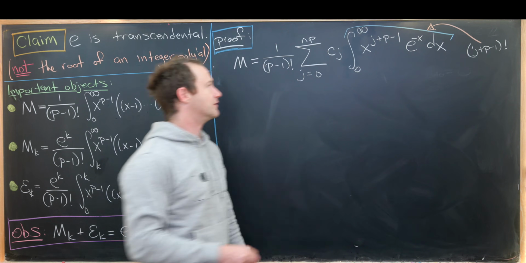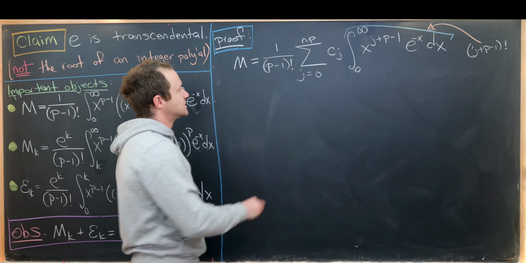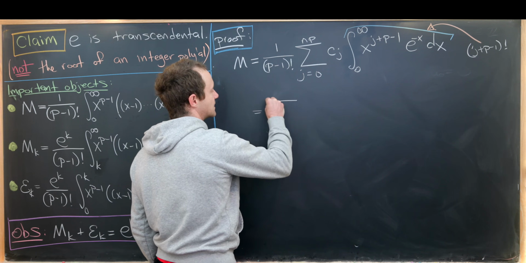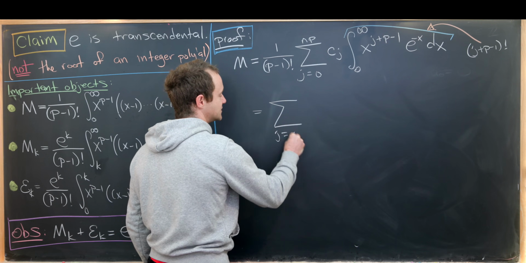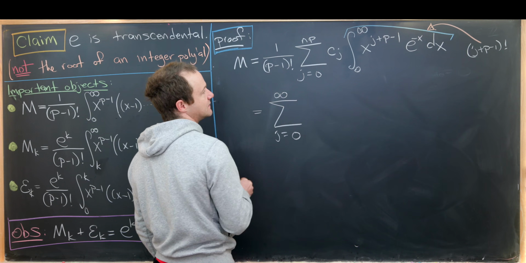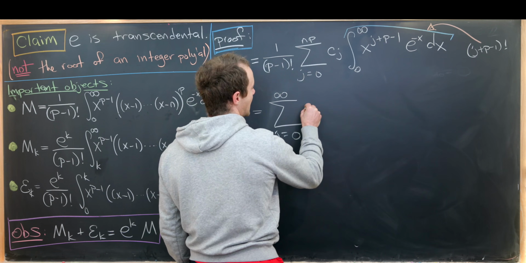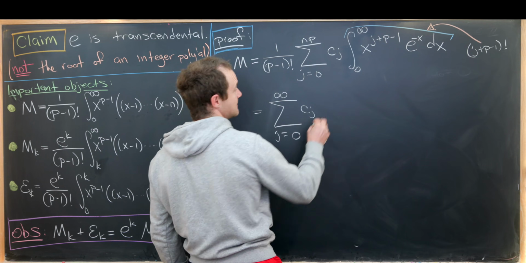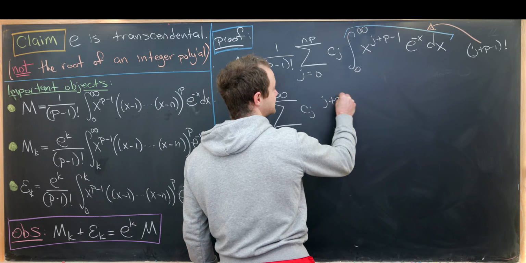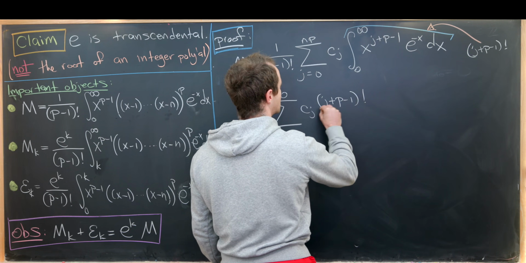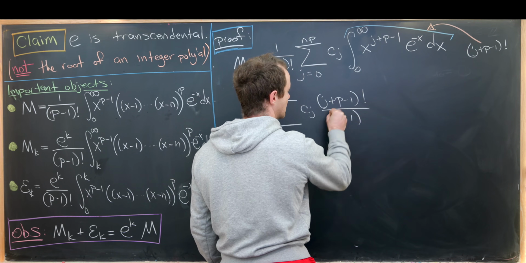That'll be the value of this entire integral. So this whole thing is going to collapse to the sum as j goes from 0 up to infinity of c_j times (j plus p minus 1) factorial over (p minus 1) factorial.